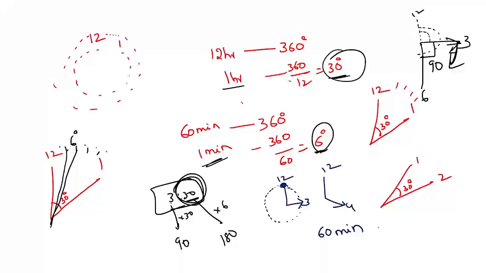That means we can say our hand moved by 30 degrees. So remember one thing, when the minute hand is moved by 60 minutes, the hour hand is moving only 30 degrees. So we can say that for every 1 minute movement of the minute hand, it's going to move the hour hand by half a degree extra.